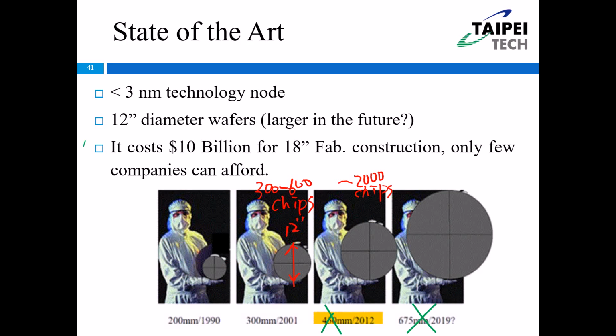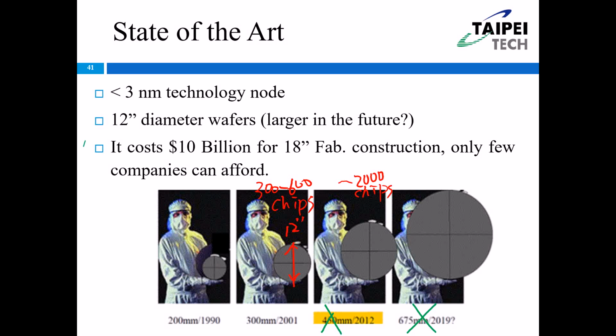So you see, for the cost benefit, if you can use the 18 inches silicon wafer, you can fabricate more chips at one time, right? So of course the IC fab will make more money if they can use the large silicon wafer. But until right now, it's not happening, and I don't see any of it will happen in the near future.